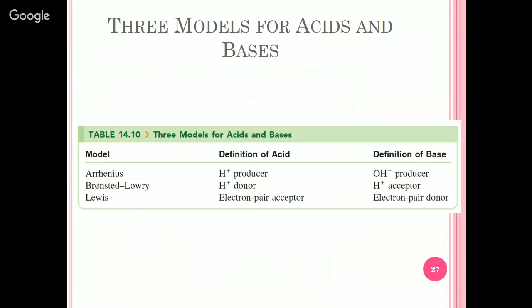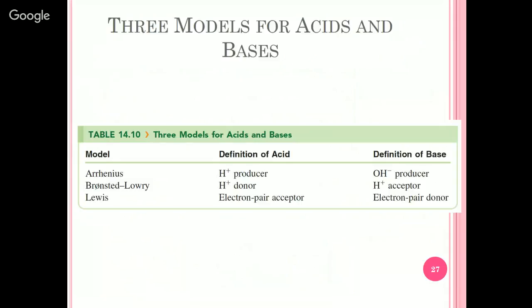So with these three definitions, we are able to cover all of the chemistry that happens and explain why we see solutions as acidic or basic. Because Arrhenius limits us to only being in water. Bronsted-Lowry limits us in the fact that we have to have protons present. But Lewis just says, hey, all we care about is electron pairs. And that means that we are all-inclusive in terms of our definitions.